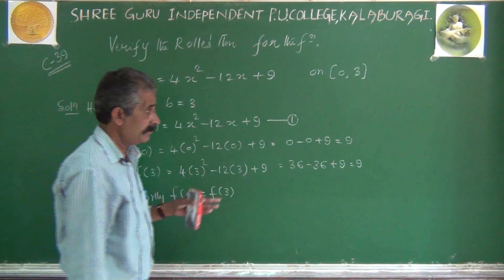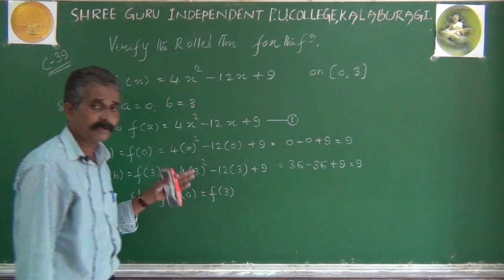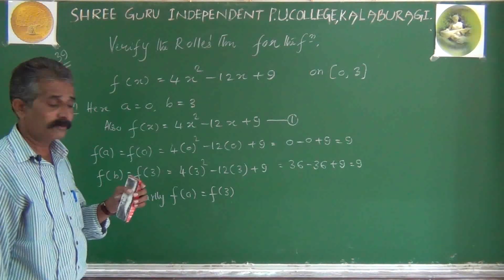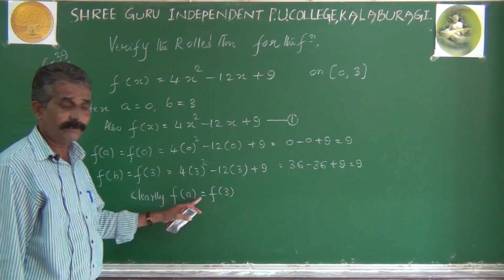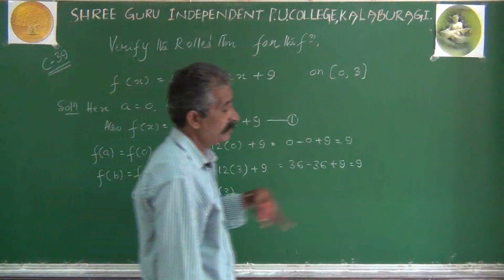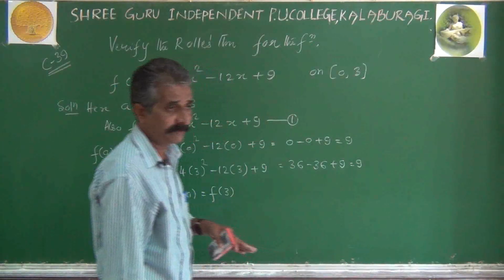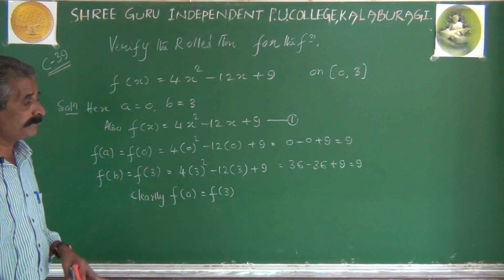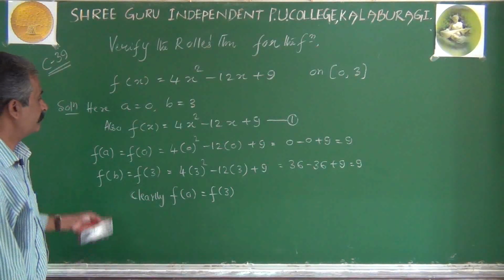So one of the conditions of Rolle's theorem has now been satisfied. We now proceed to find f dash of x. Observe, you can find f dash of x only if f of a equals f of b holds, otherwise there is no necessity of finding f dash x. So let's find f dash x because f of a equals f of b is satisfied.